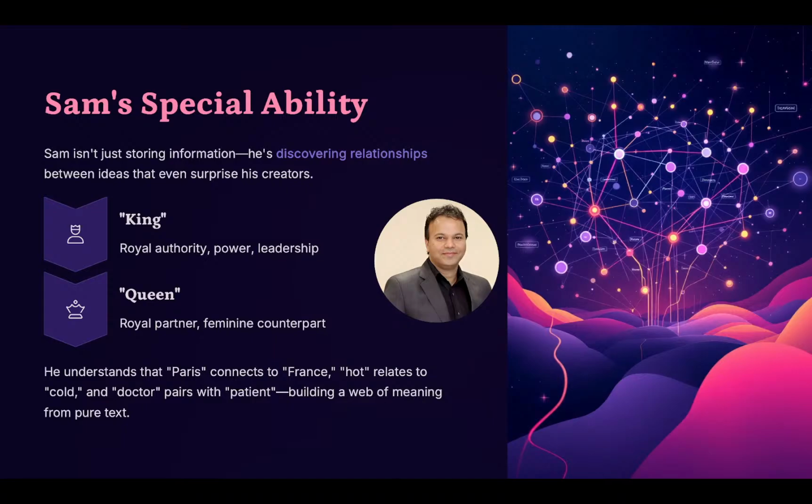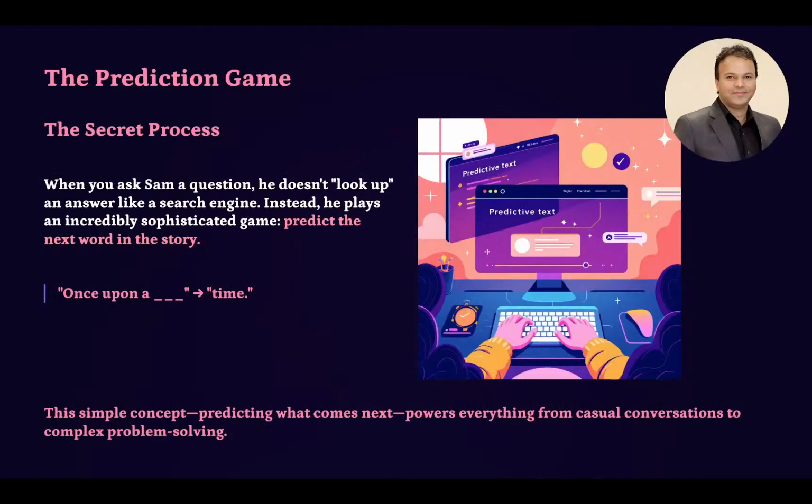If you say Paris, it's related to France. All this, the LLMs or the Sams, they are able to relate that. If you go back to the latent space, we were talking about the mental maps, similarity search, cosine similarity, that's what is happening here. So the closer things are grouped together, and that becomes a very interesting aspect of your LLMs.